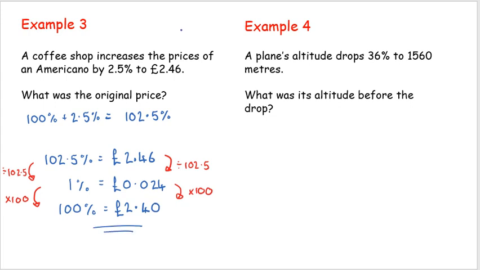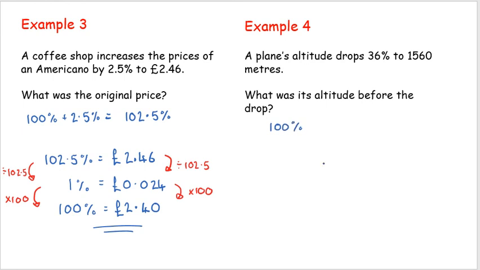Okay, example 4. A plane's altitude drops by 36% to 1,560 metres. What was this altitude before the drop? So again, backwards percentages, because we want to work out the value before the percentage change. Now, let's just make sure we understand what's happened here. So we had our original amount, the original altitude of the plane.